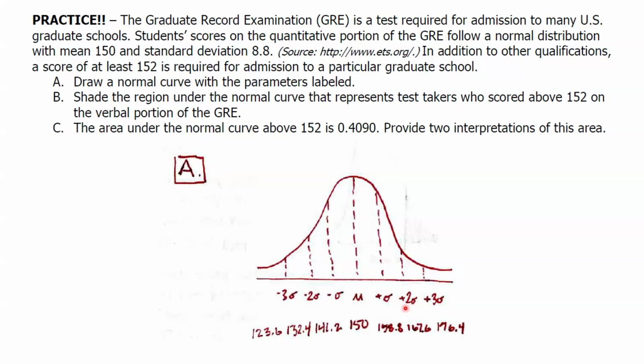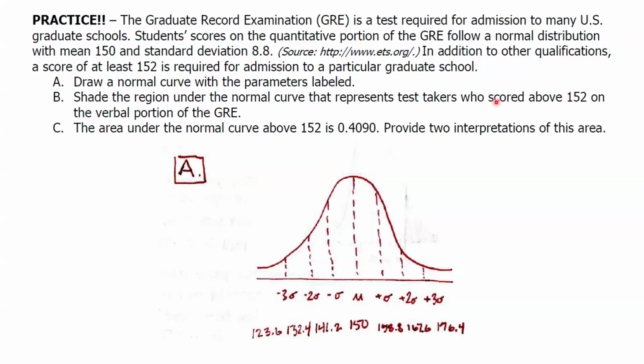Now, 152 lies between the mean and our first standard deviation to the right, but it is more located to the value 150 than it is to 158. So we would draw a line closer to 150 to identify where 152 is located.